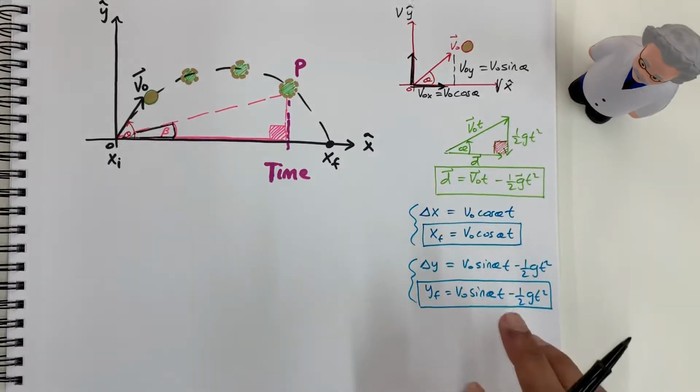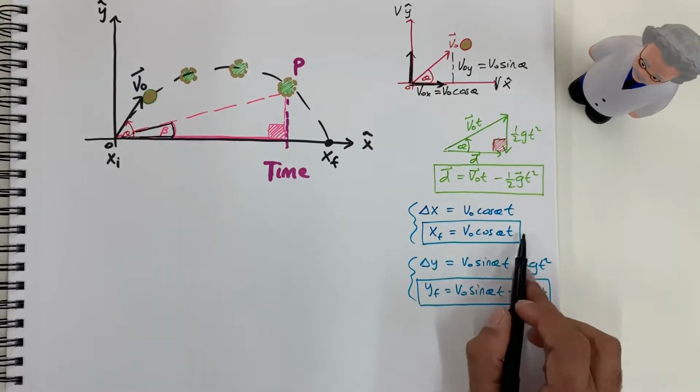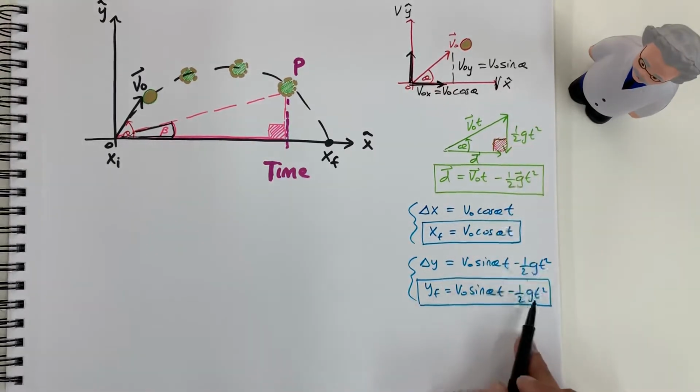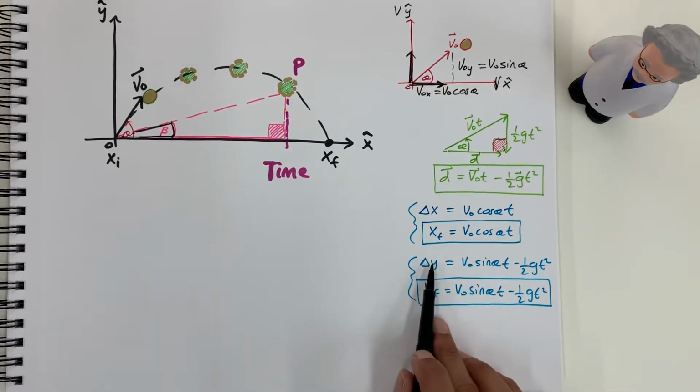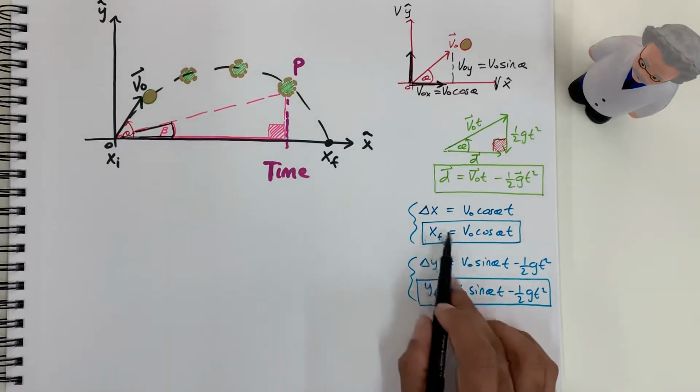I just want to show that gravity or acceleration in the x is 0, right? We don't have it. And then acceleration, which is gravity, in the y. And this notation is the change in y, final minus initial, and initial we started at 0, so we're left with only the final.